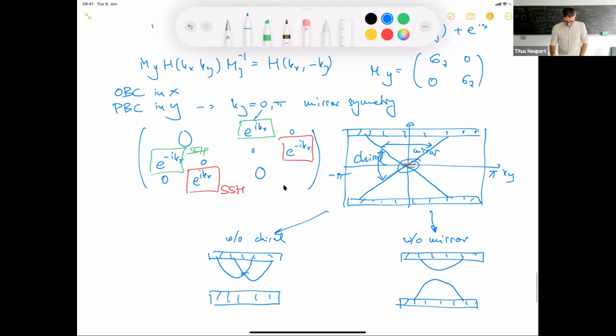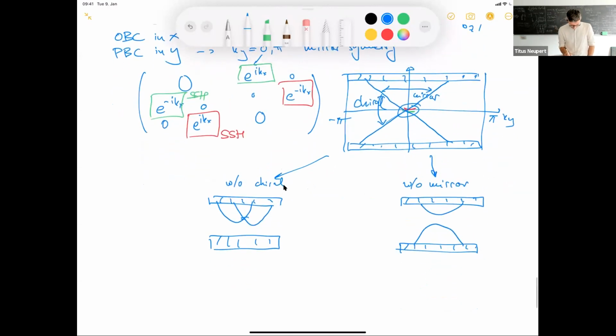And a topological invariant of such a state is the Wilson loop eigenvalue in the different mirror subspaces subtracted from one another, at ky equal to 0.